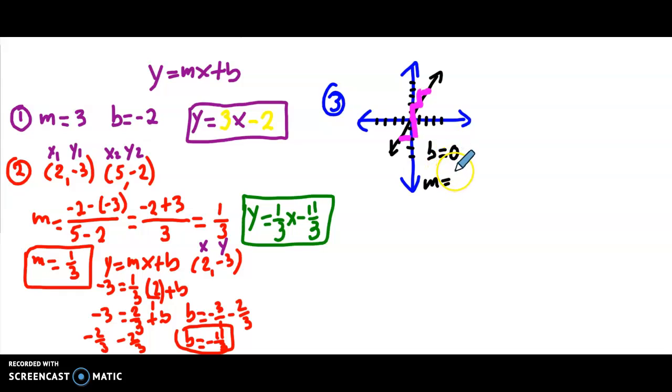I'm going up 2 to the right 1, or I'm going down 2 to the left 1. So any way you look at it, the negative over negative is positive, the slope is 2. So because the slope is 2 and the b is 0, the equation of the line will be y equals 2x. You don't have to write the plus 0.